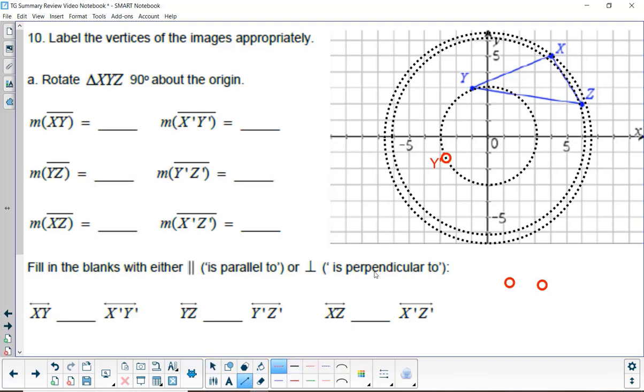Next, let's go to X. So I'll start at the origin and go to X and then go 90 degrees counterclockwise with that and go to the outside circle, and that's where, whoops, that's where my X prime is going to be.